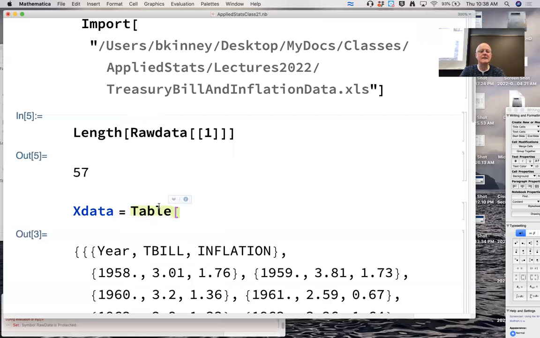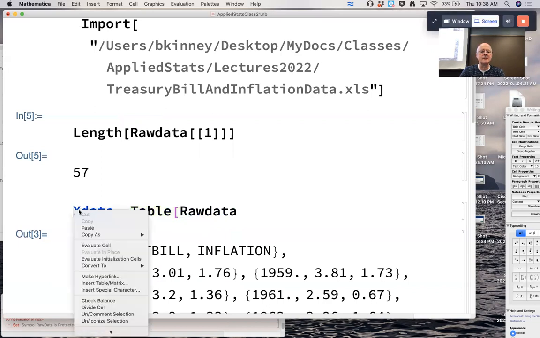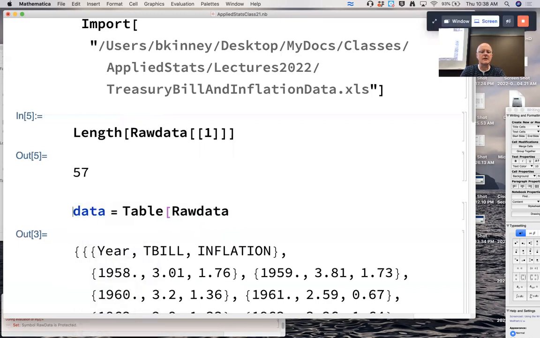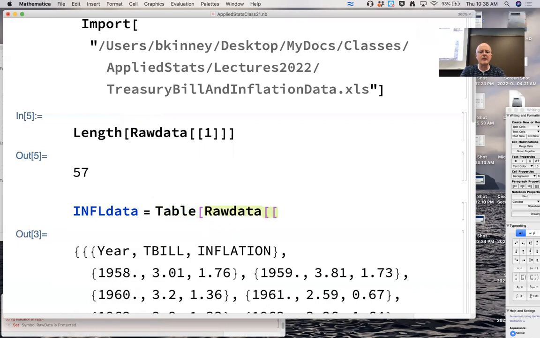So this is a little tricky. If I want the X data, which is going to be the T-bill data, oh, that's the inflation data, excuse me. Let's call it inflation data. I have to do something like this, I believe.